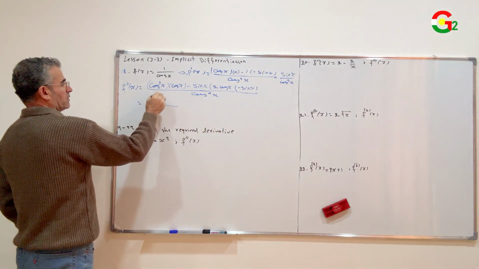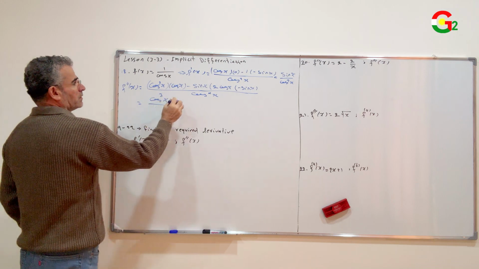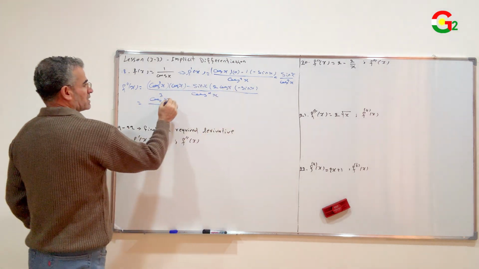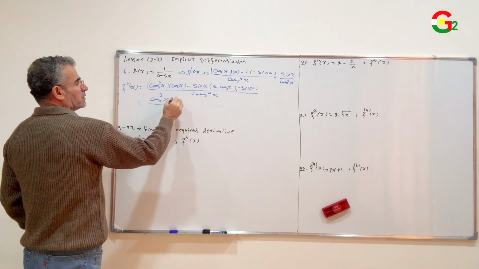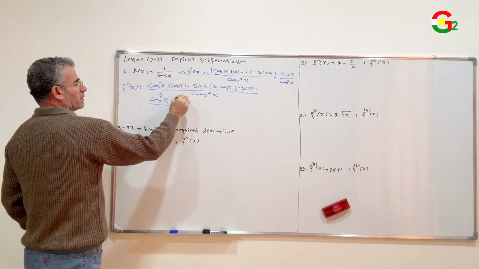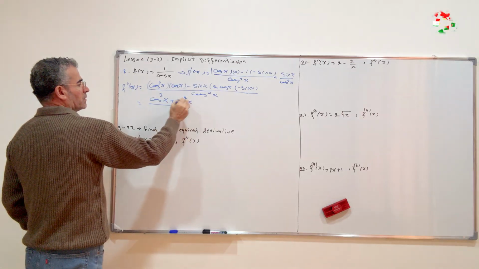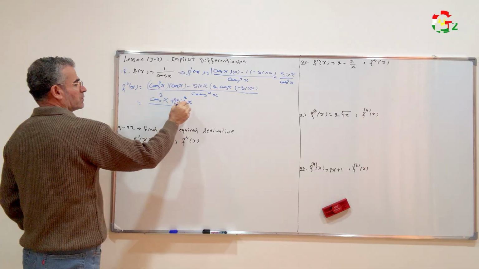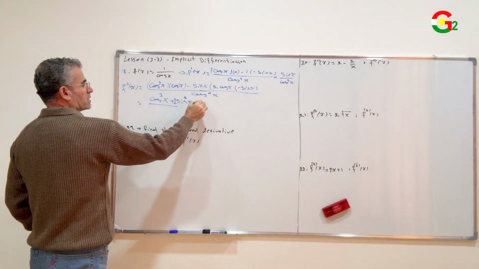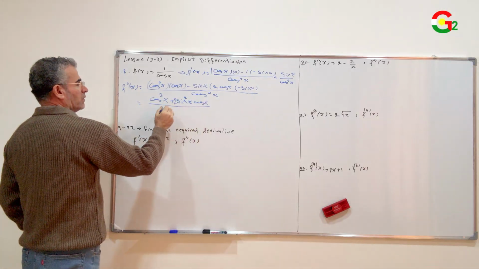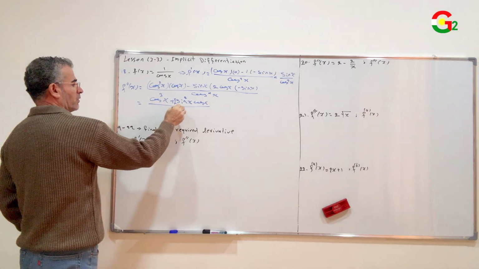Simplify: cosine power 3 x, minus times minus is positive, plus 2 sine square x cosine x over cosine power 4 x.